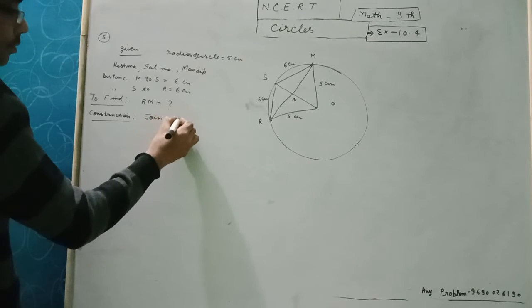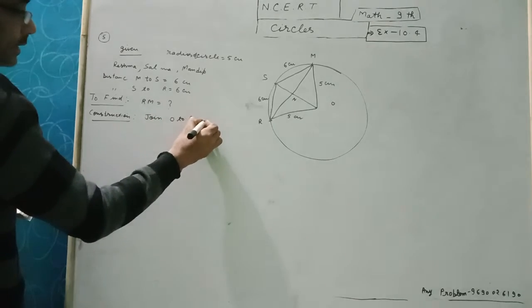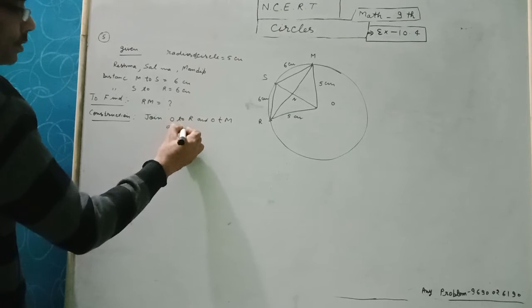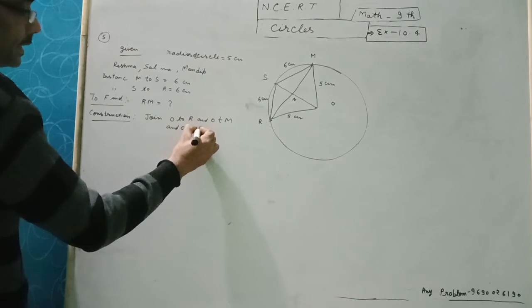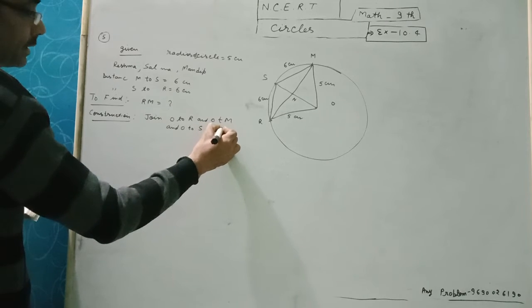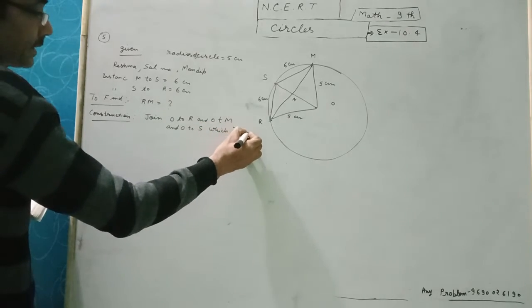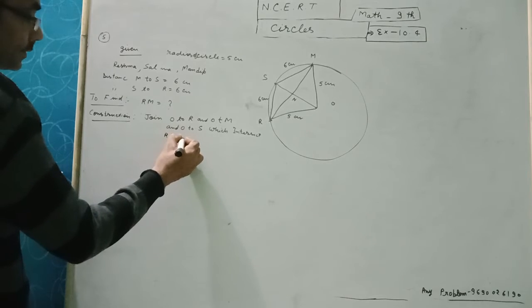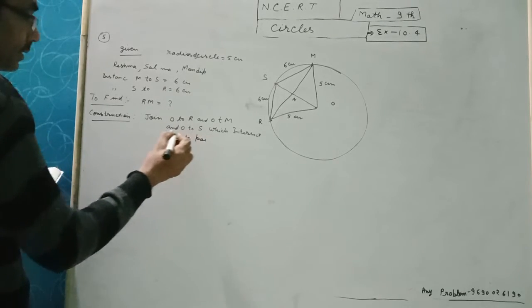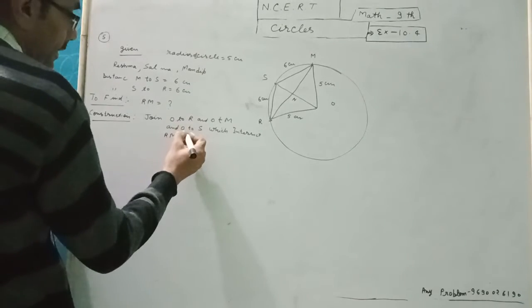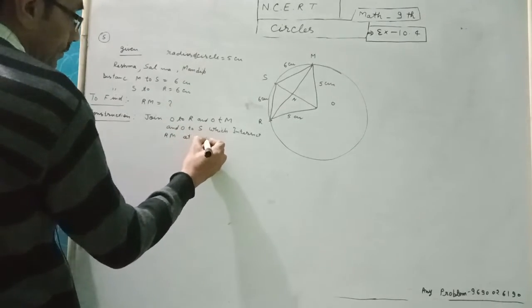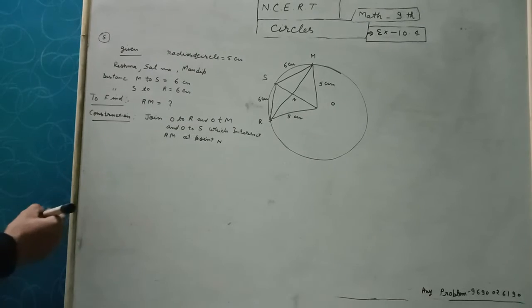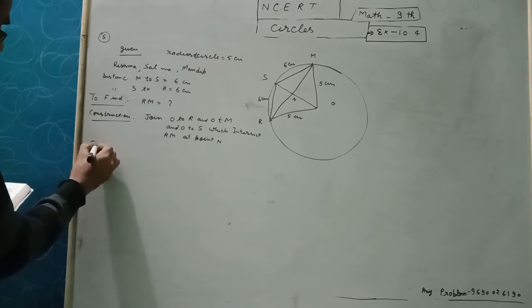Join O to R and O to M and O to S, intersecting RM at point N. That is the construction.